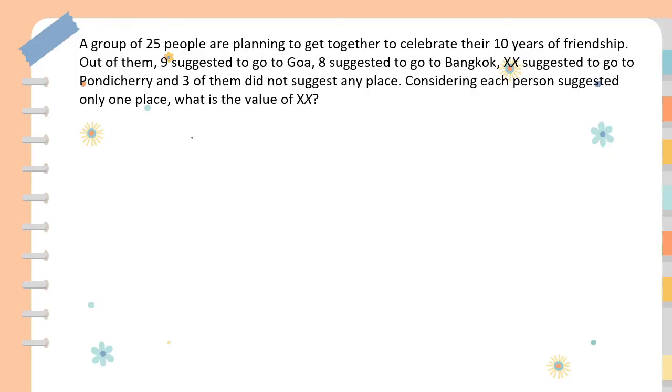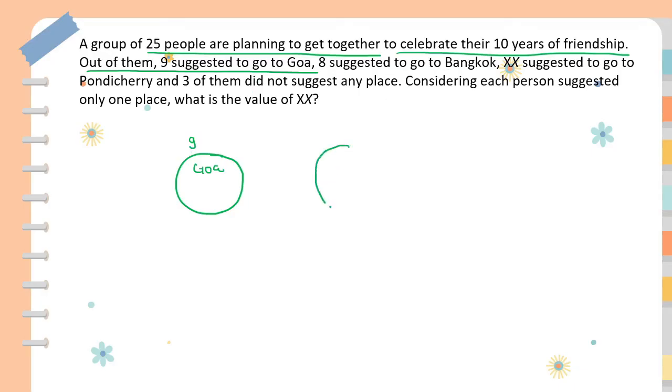So another question is, a group of 25 people are planning to get together to celebrate their 10 years of friendship. Out of them 9 suggested Goa. So let us assume this is Goa, and 9 people suggested to go to Goa. 8 suggested to go to Bangkok, so 8 are suggesting that we should go to Bangkok.